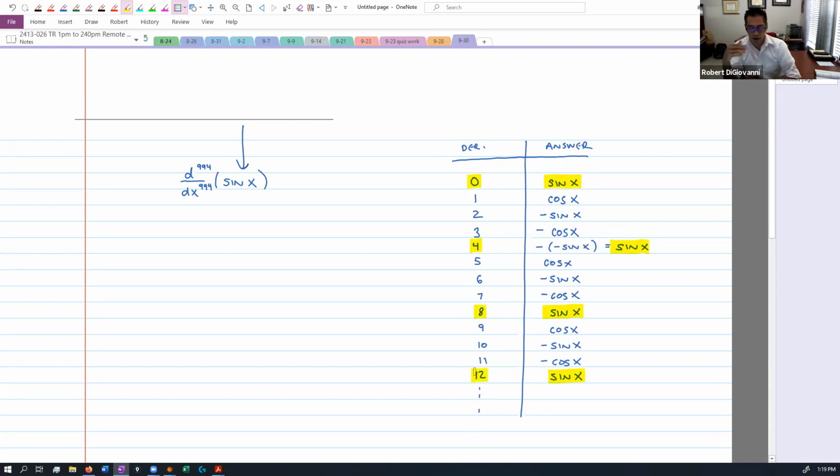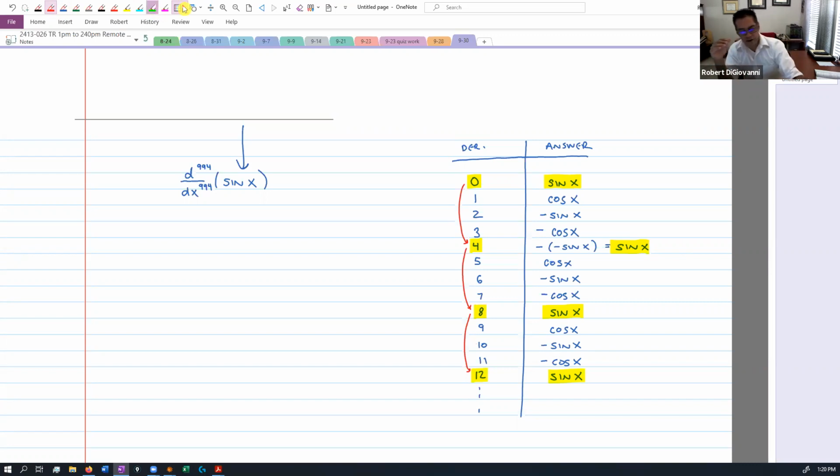And then the next one would happen when? 16, right? Then 20, then 24. There's a common jump, right? We jump by 4 each time. So I should expect that the 16th derivative should also be sine. Also, the 20th derivative should also be sine. Make sense?